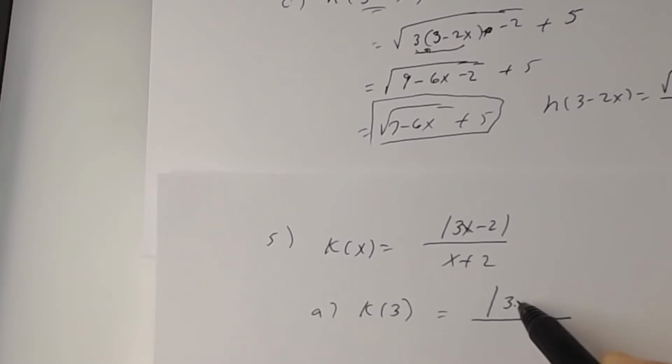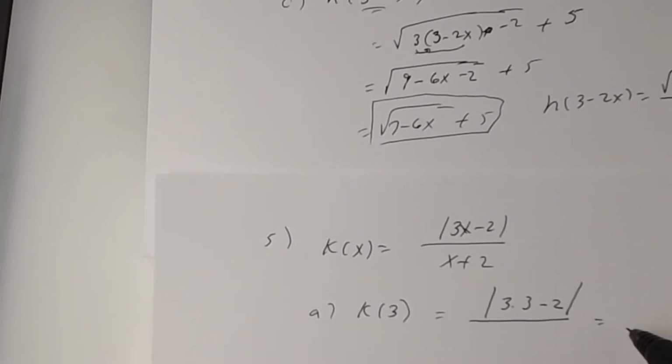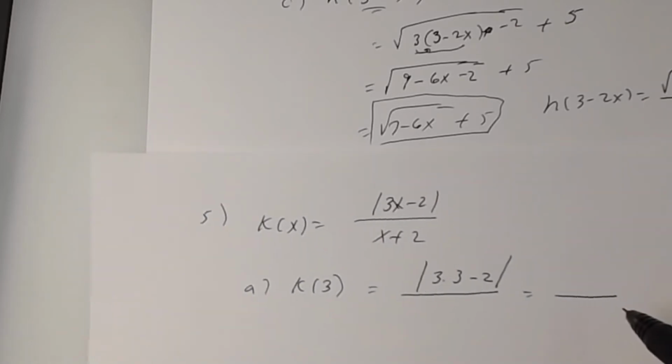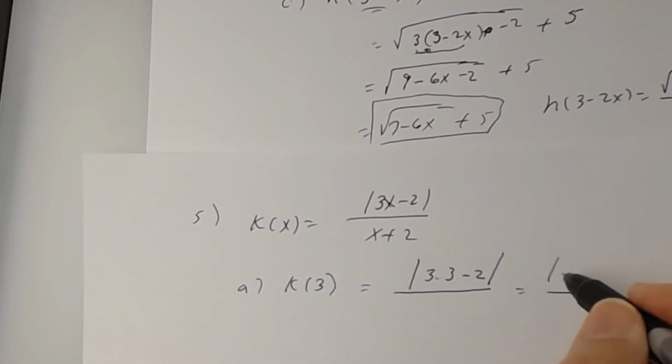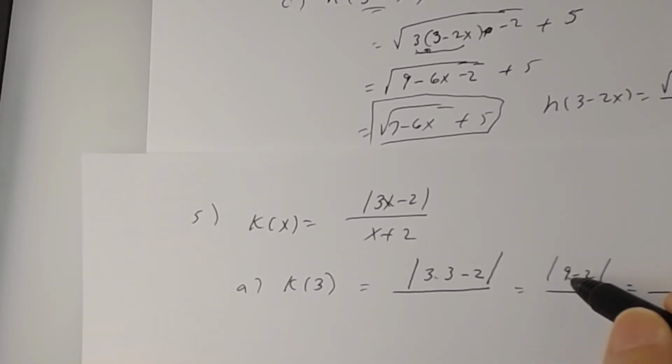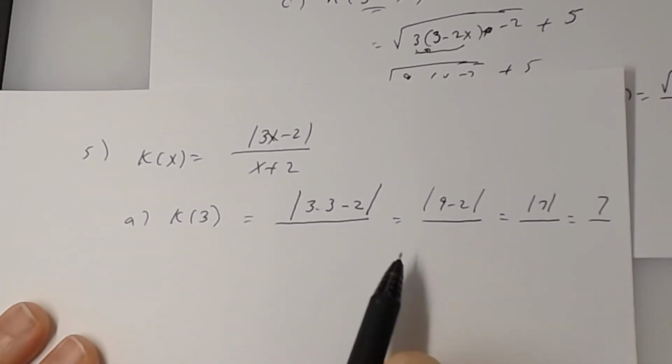What does x become? 3. Whatever that is, I'm going to subtract 2, correct? I'm going to leave the denominator alone for right now. Let's still work with the numerator. What's 3 times 3? So that becomes absolute value of 9 minus 2, correct? What's 9 minus 2? So that's absolute value of 7, which we know is exactly what? 7. So that's my numerator.